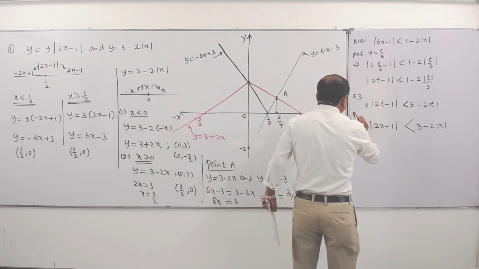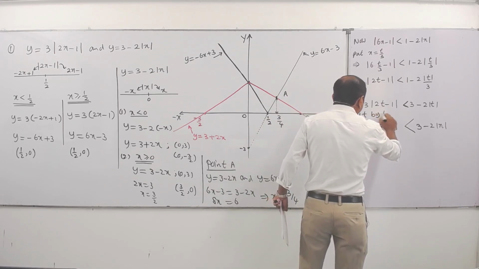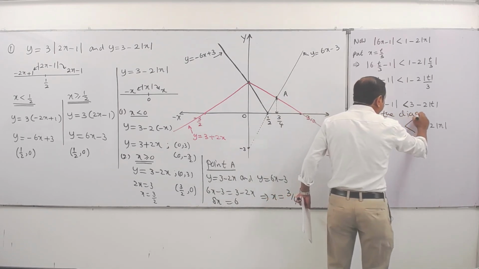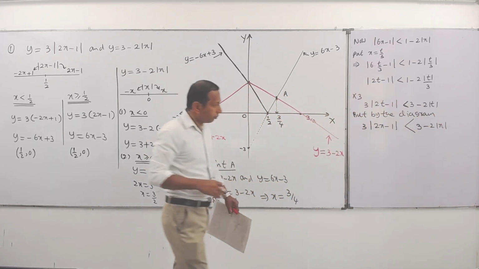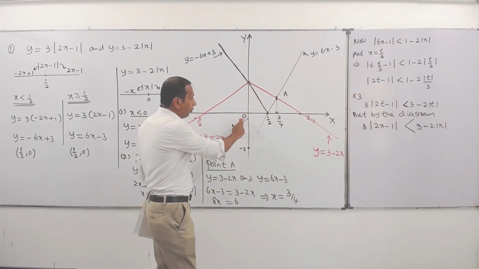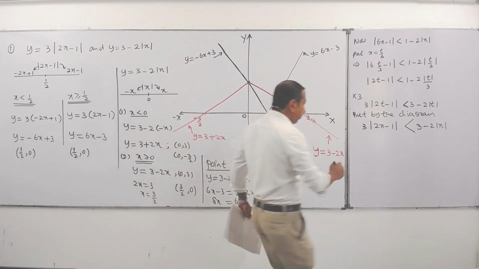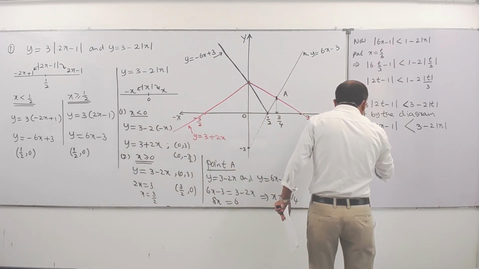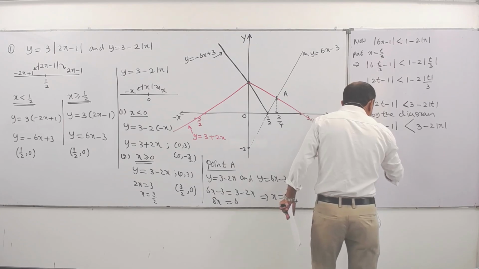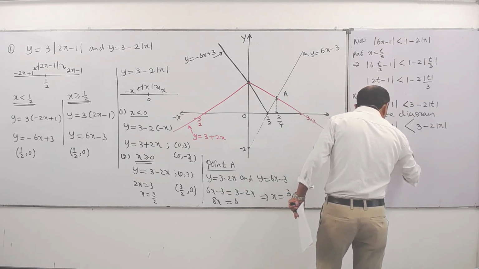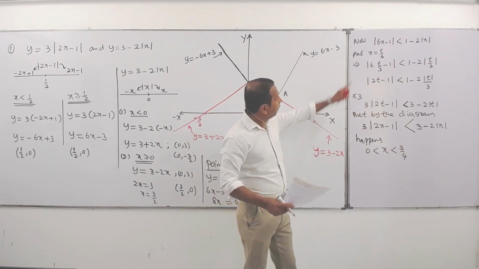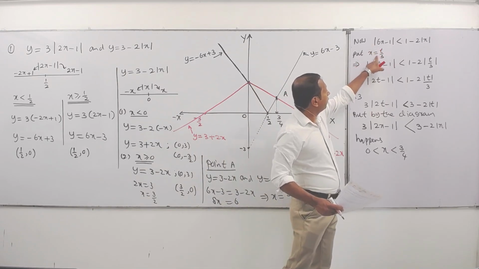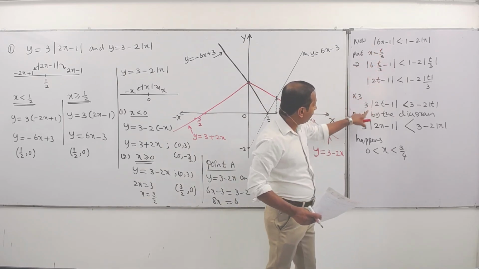Then we can say, by the diagram, this happens between 0 and 3/4, that is, x less than 3/4 and greater than 0. People, now we can see this one, when we put x equals t/3 and keep simplifying, we get this.